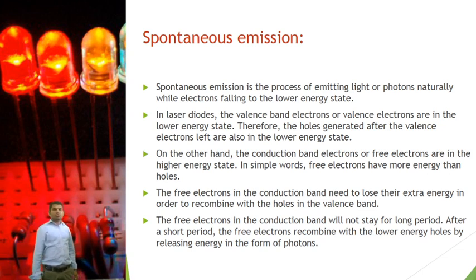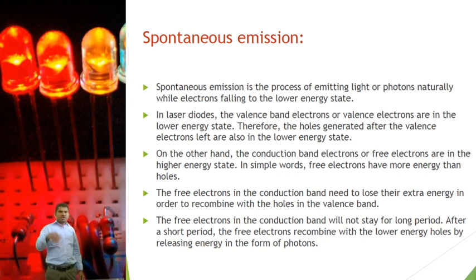In simple words, the free electrons have more energy than holes. The free electrons in the conduction band need to lose their extra energy in order to recombine with the holes in the valence band.